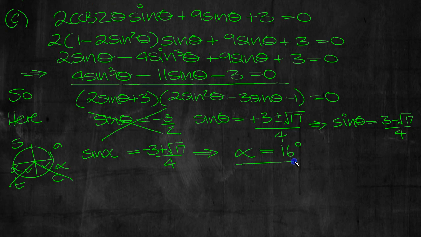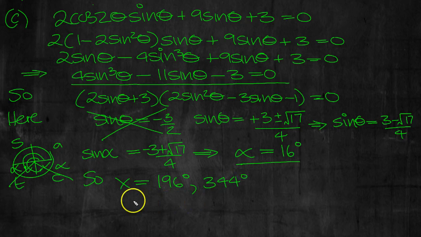So alpha is 16 degrees. So x is equal to, the first one from 0 to 360 is round to here. 180 plus 16 is 196 degrees. And the next one is right around to here, which is round 360 back 16, 344 degrees. So there's our two solutions for x.